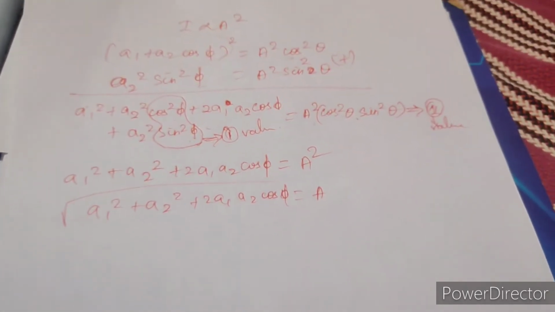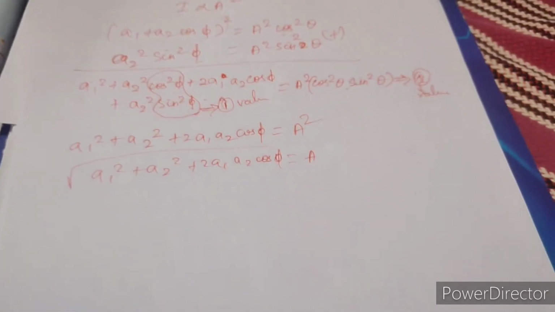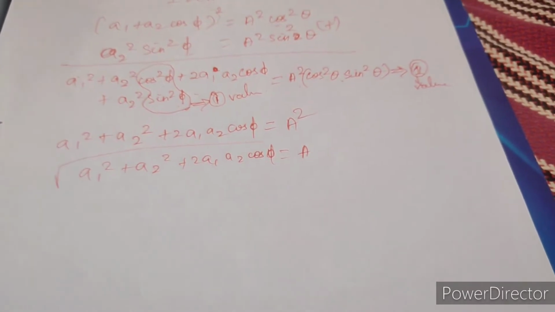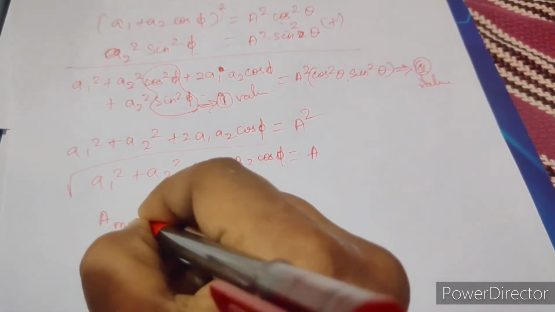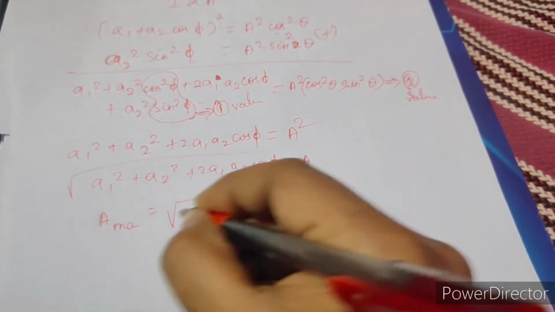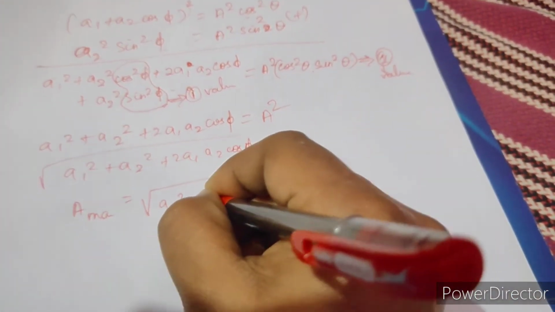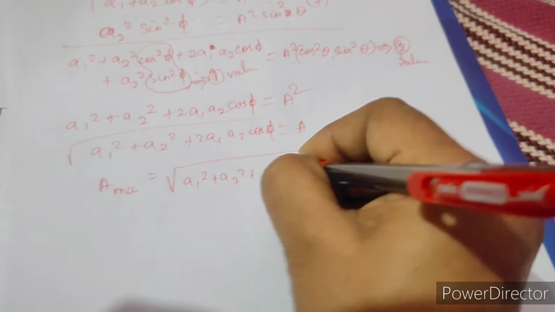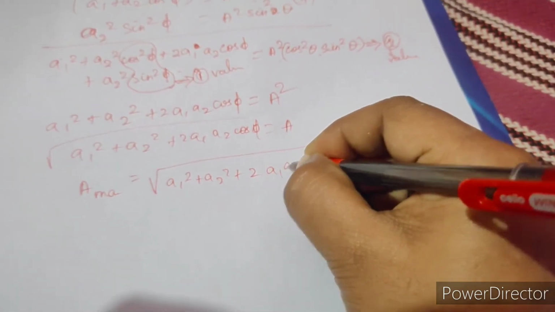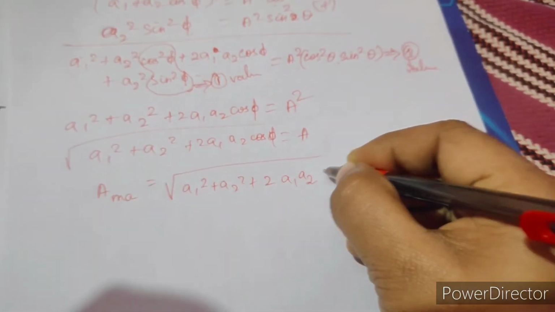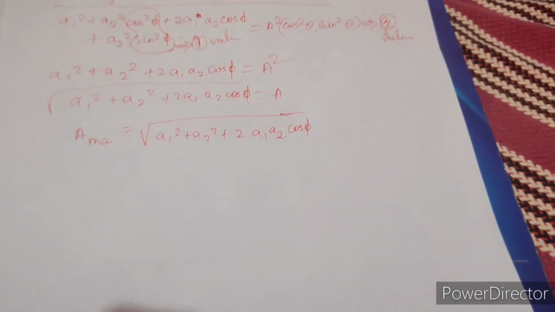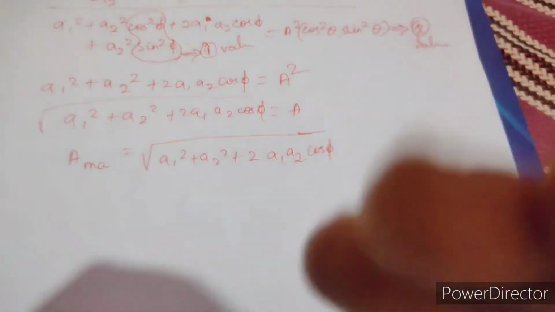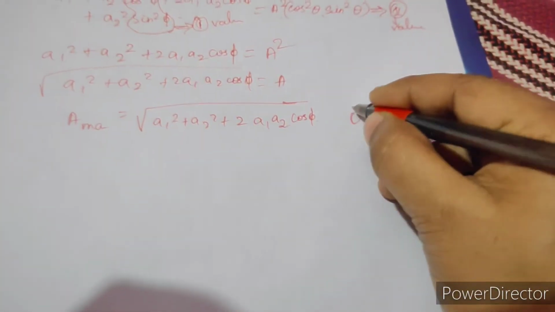Now when will we have the maximum value? The amplitude A will have the maximum value for A maximum equal to the root of A1 squared plus A2 squared plus 2 A1 A2 cos phi. Phi takes values like 0, 2 pi, 4 pi, where cos phi is 1.